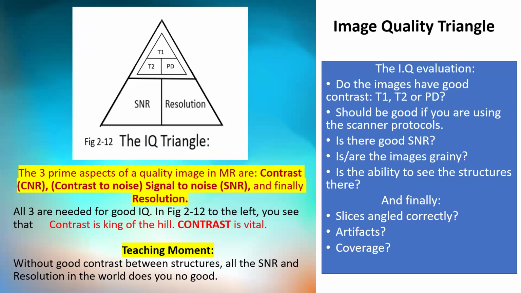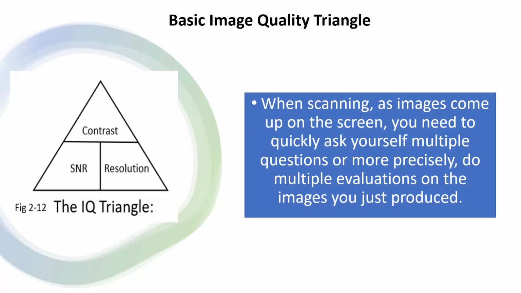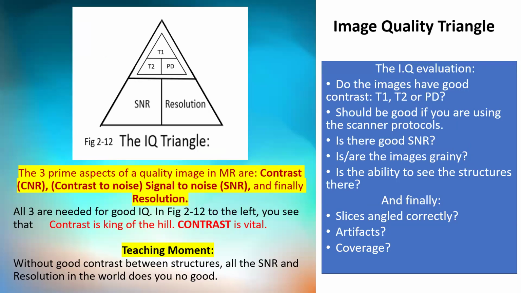So as far as the image quality goes, this is the basic image quality triangle. Does the image have good contrast? Is there good signal to noise? Is there good resolution? And then I took the image quality triangle one step further, and I put my contrast triangle up the top to take the place of the word contrast.